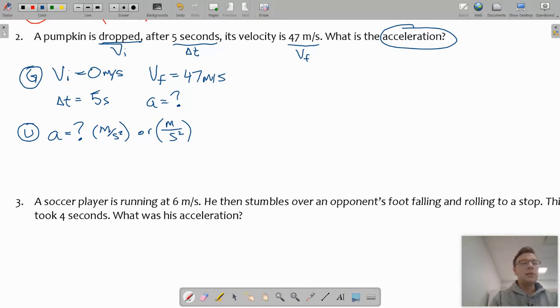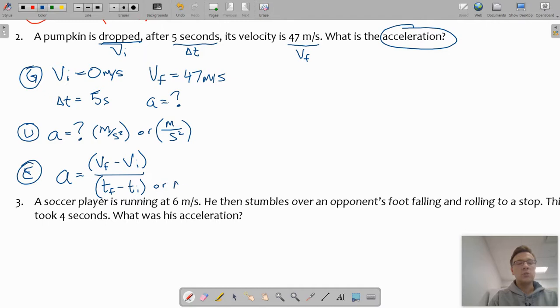All right, and then our equation, using the same equation again, acceleration is equal to the object's final velocity minus the object's initial velocity over the final time minus the initial time, which again you can write as delta t, okay, the change in time. Now for our substitute step, we're going to go ahead and plug our numbers in here.